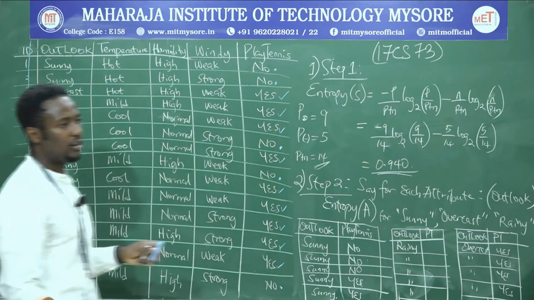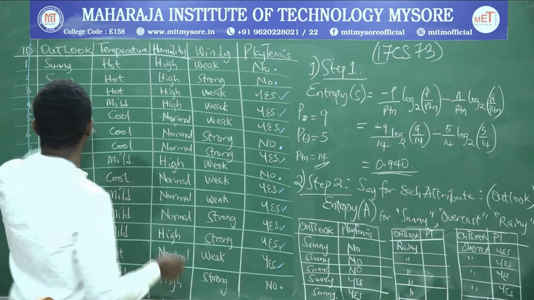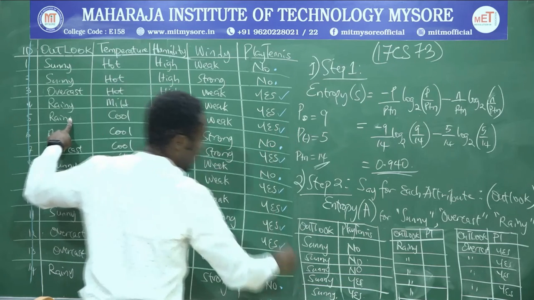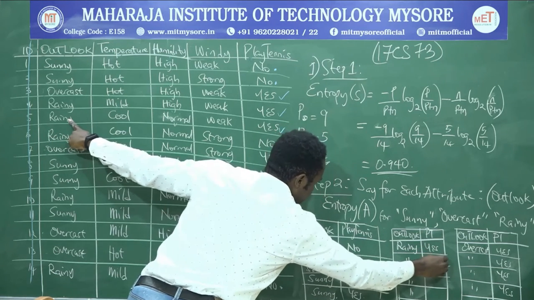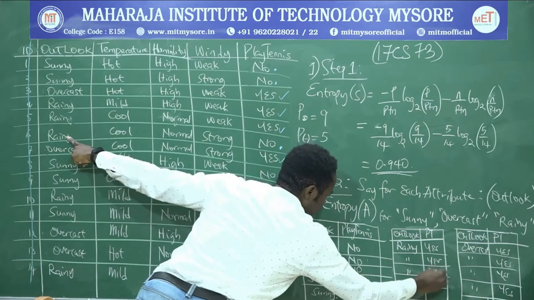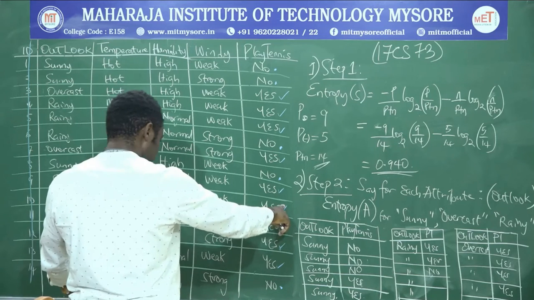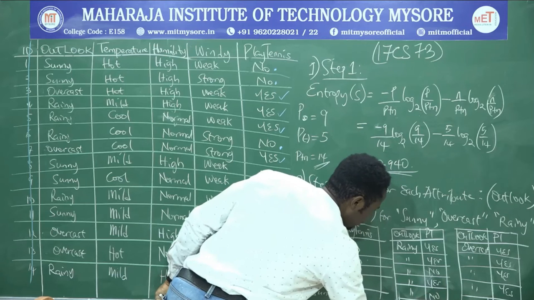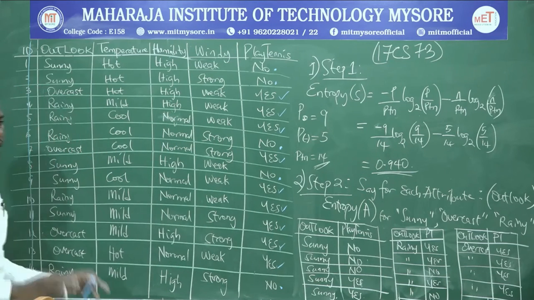Now, let's check the equivalence in play tennis. The first occurrence of rainy is yes. Second is yes. So let's put them before we forget. Third of rainy is no. The fourth one, rainy, is yes, and fifth is no. So we are done with this.